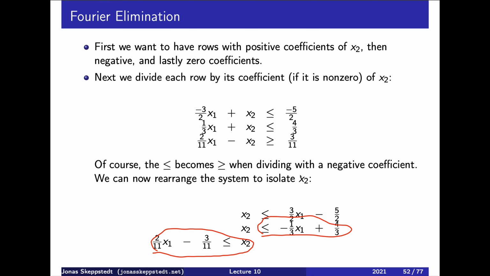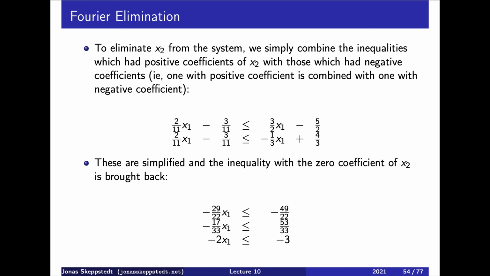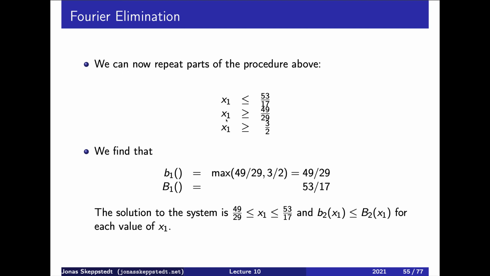When we have only x1 left, we will see that either we find bounds on x1 or there is a contradiction. Okay. So in this case we find this, and we can write it as this. So there was a rational solution, and therefore we cannot exclude a data dependence.